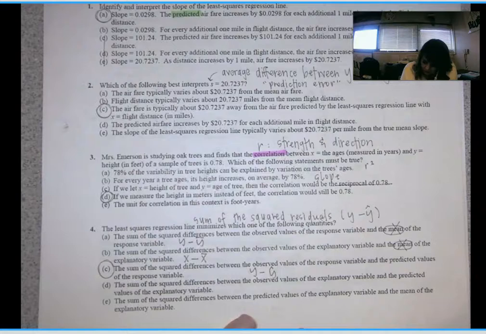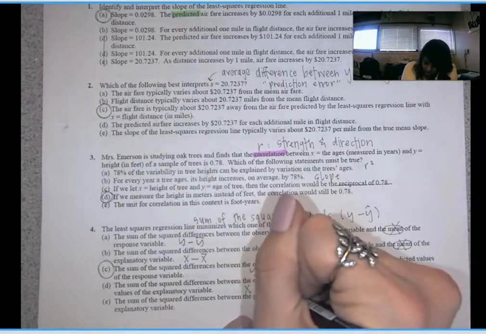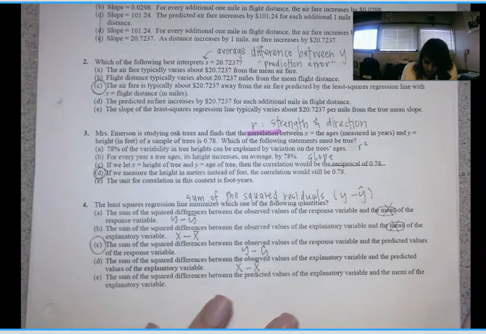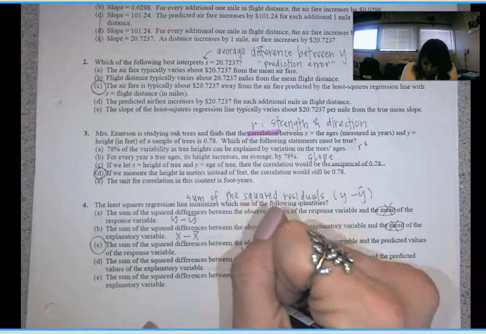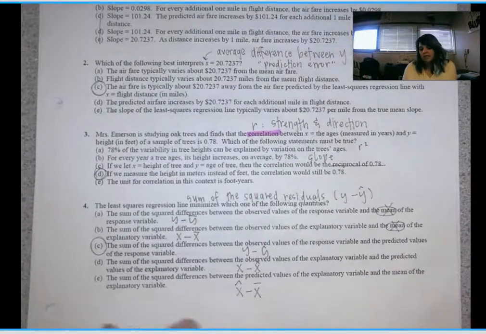D, the observed value of X, subtract the predicted value of X, which would be X hat, that's a no. And E, the sum of the differences between the predicted X and the mean of X. Yowzas, that's not even close to being true. So it's C as in Charlie.